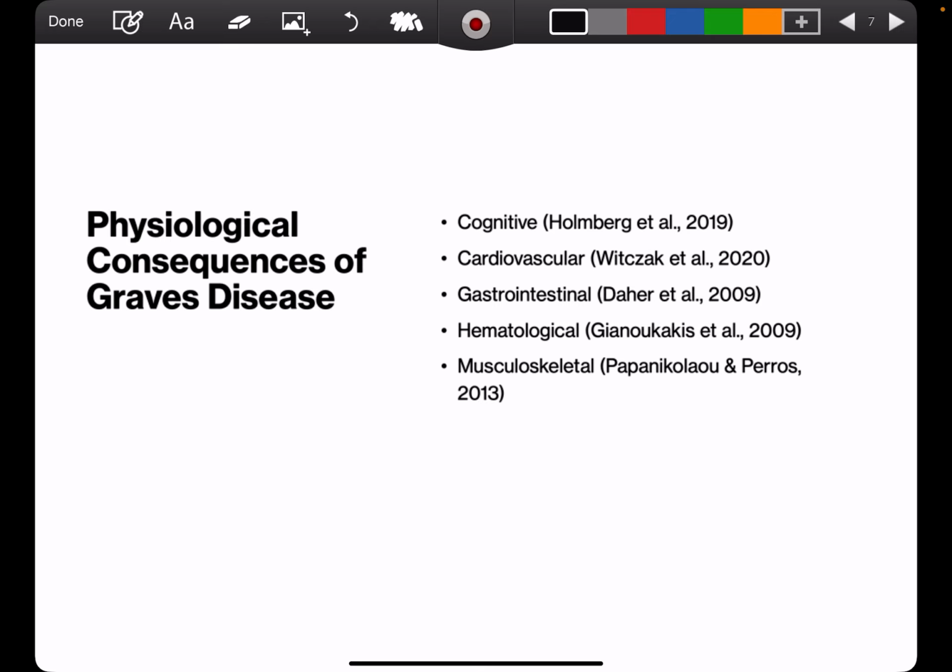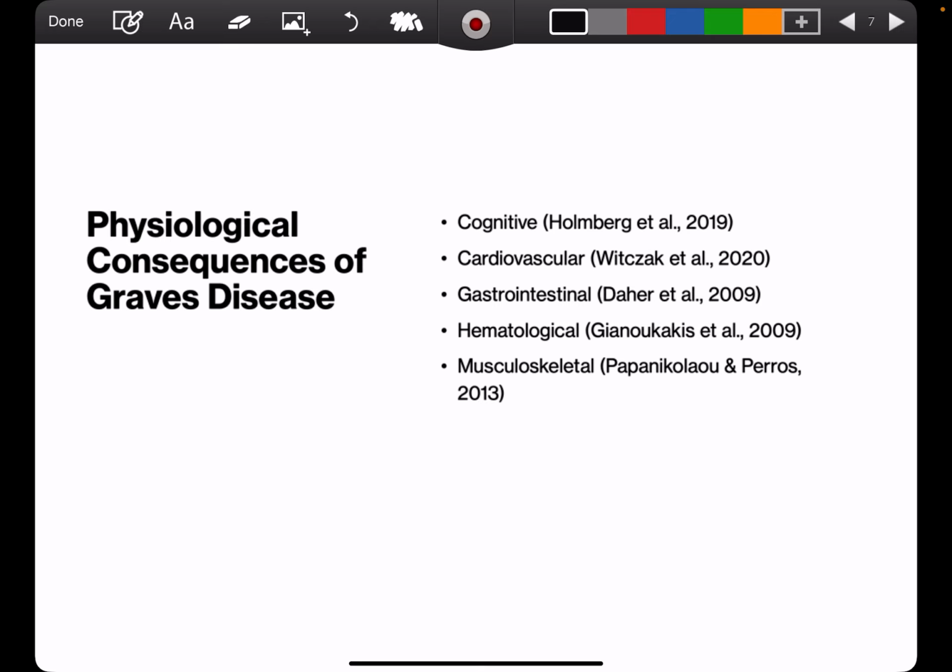Graves' disease. All the citations next to the topics are where the information comes from. In cognition, we have reduced processing speed, reduced efficiency of executive function, learning difficulties, and an increased chance of depression. Cardiovascularly, we have increased tachycardia, and over time it's likely to induce atrial fibrillation.